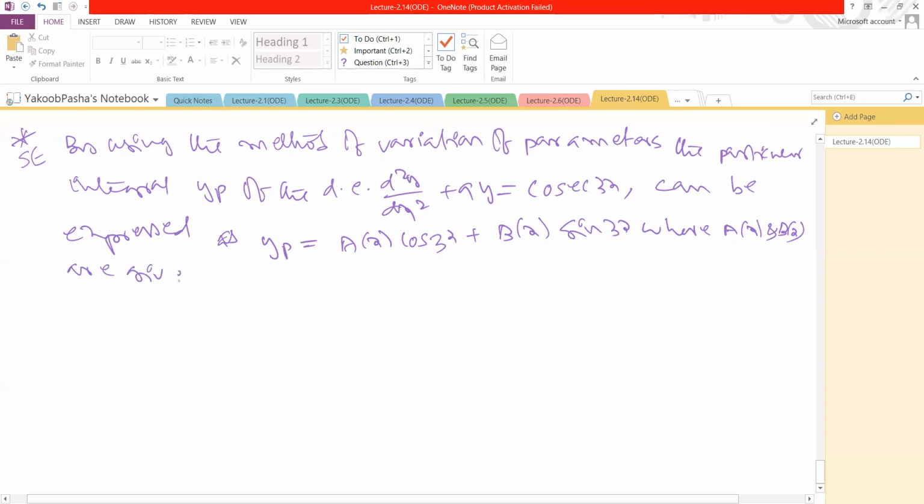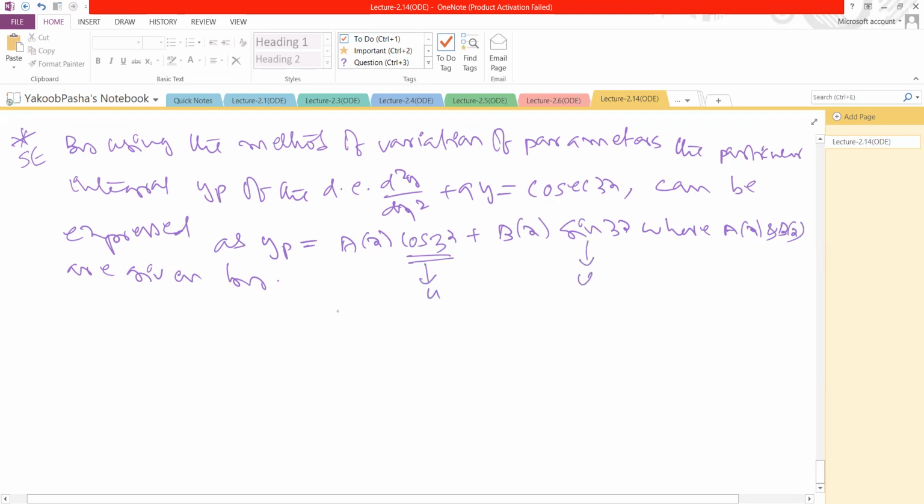We have to find A of x and B of x. Now already we are given yp is equal to A of x into cos 3x plus B of x into sin 3x. This is nothing but U. This is nothing but V.